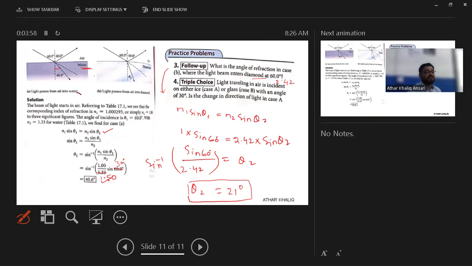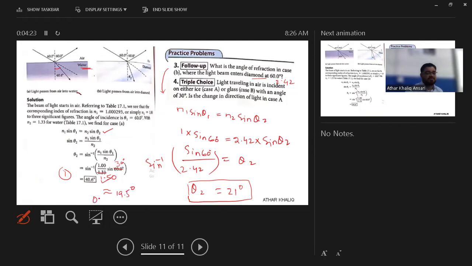Can you please check question number 4? Sine inverse of 1 over 1.5 times sine 30 degrees. So what would be your answer? 19.4. So it is 19.5 degrees.